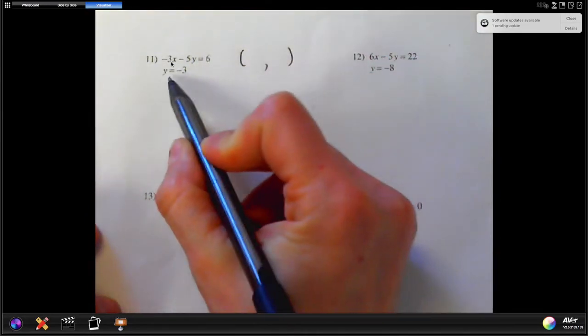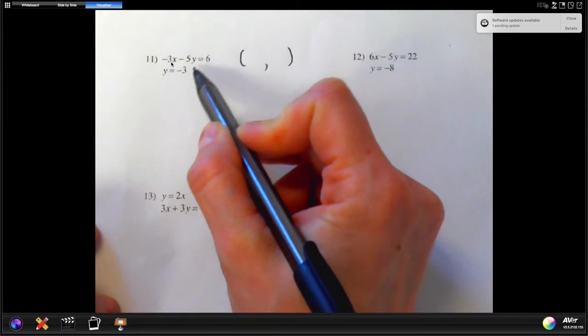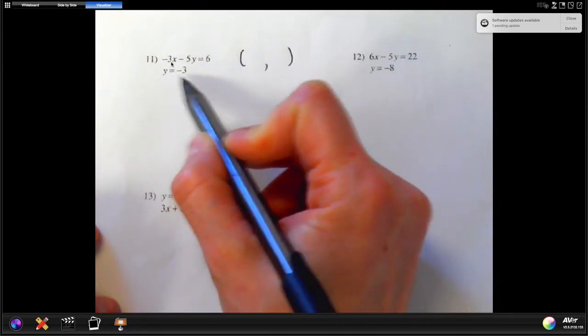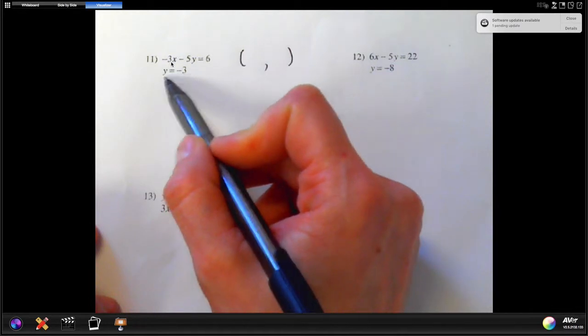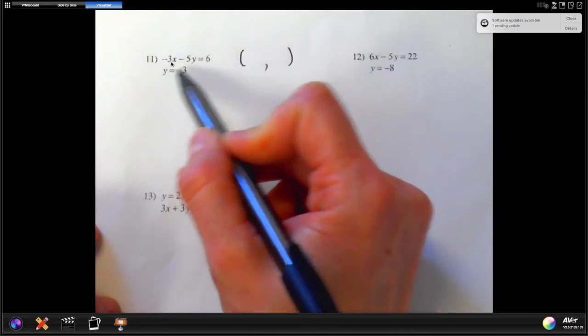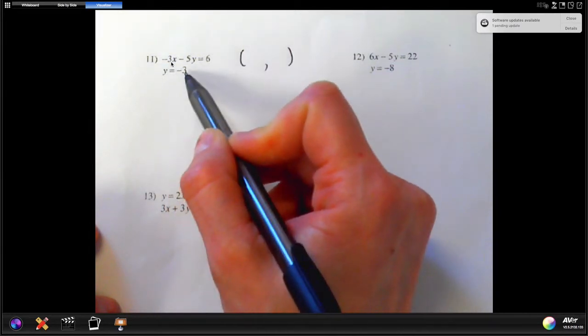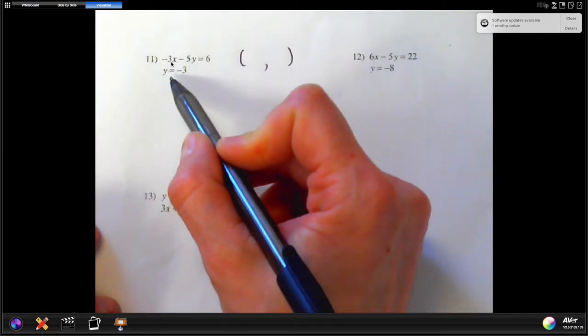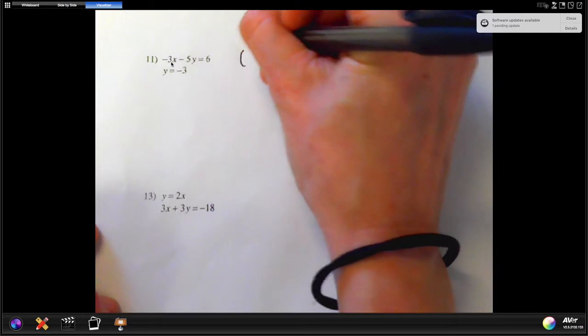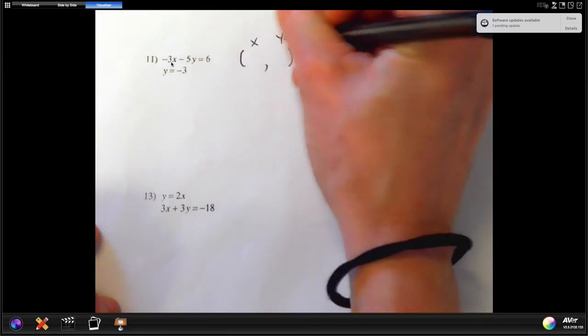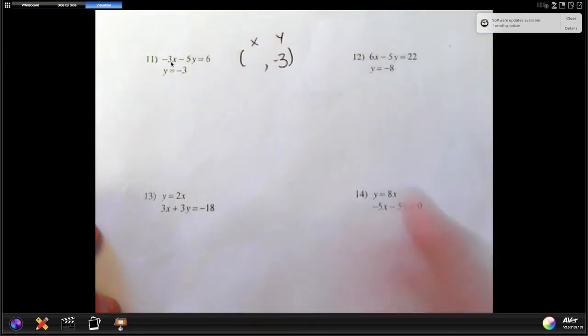When I look at number 11, I always want to zoom in on the smaller equation first. So the bottom equation is the smaller equation, y equals negative 3. That is already solved. If this is x and this is y, it tells us y is negative 3. And you can put that in right away in your answer.